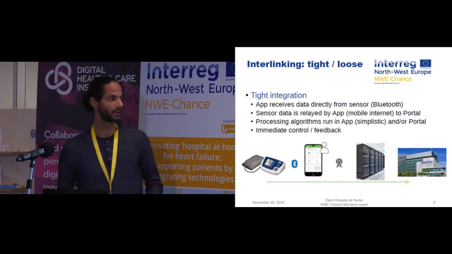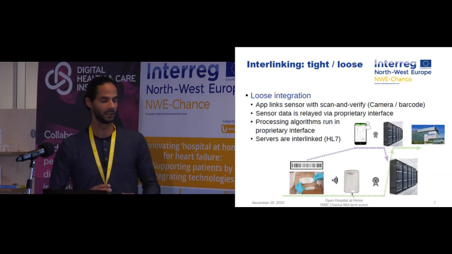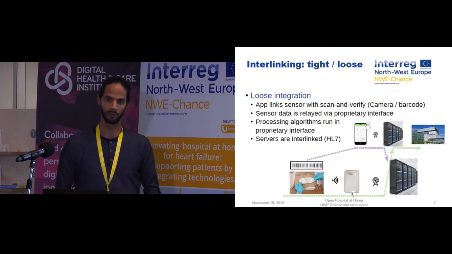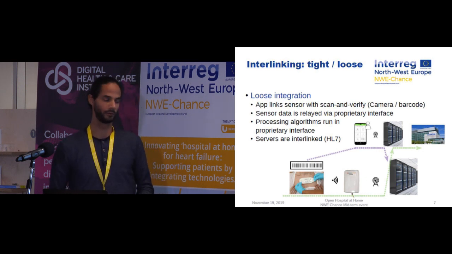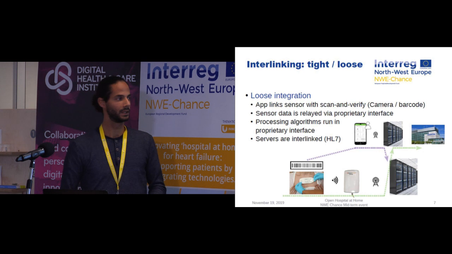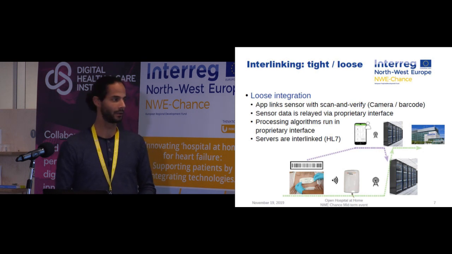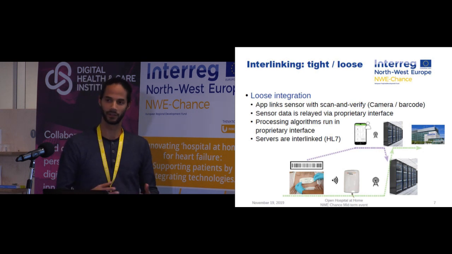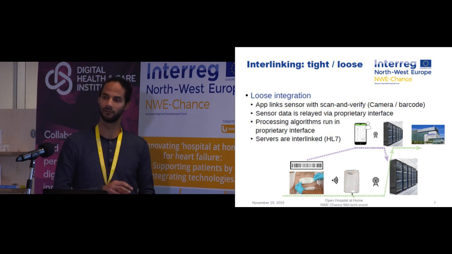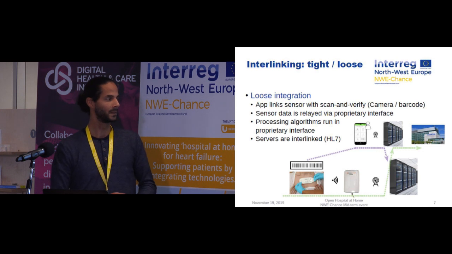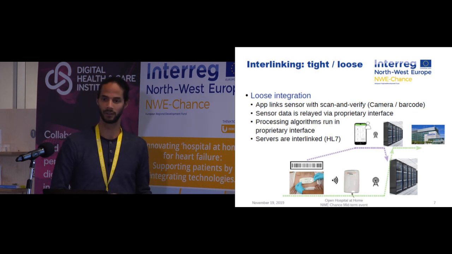A more difficult path is when the device cannot be talked to directly by the phone. For example, the patch that we use does not have Bluetooth, so there's no way to transmit the data to the phone. And even if there was, maybe it's undesirable because perhaps you need some advanced processing that's very specific to the hardware of the sensor.